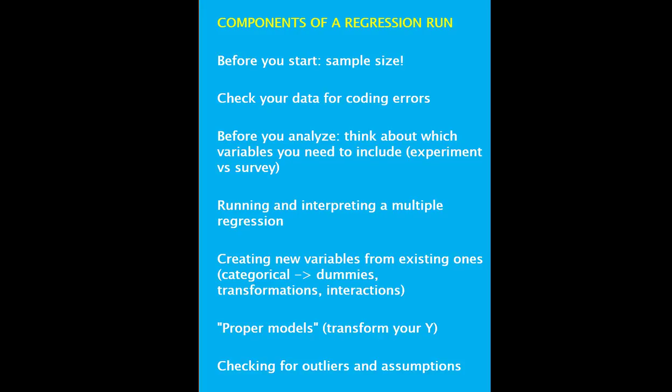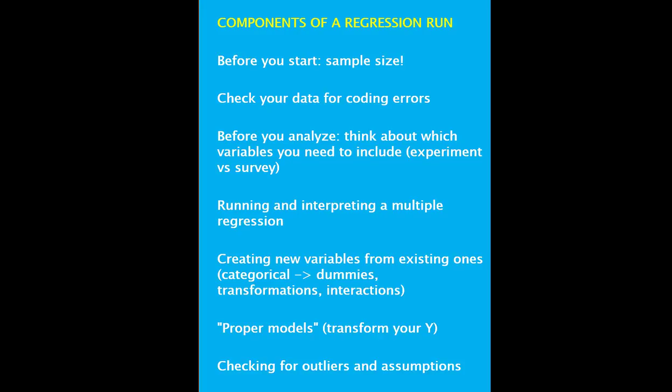Then a larger part of the lecture today will be about thinking about which variables you need to include in your multiple regression. That will be a slightly more complicated bit. We already saw last time a little bit about running and interpreting a multiple regression run, and we'll do that a little bit more today as well. Then we end up with how to create new variables from the ones that you have. So you get data because you ran an experiment or survey or whatnot.